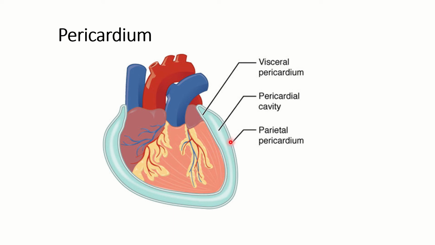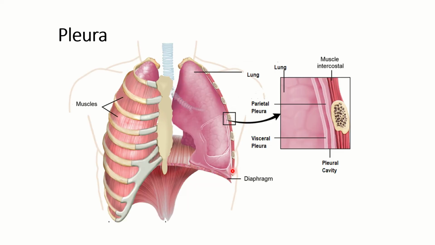So both of them together are called the pericardial layers, and in between you have the pericardial cavity. That is where the fluid is, and when the heart is moving, it reduces friction.